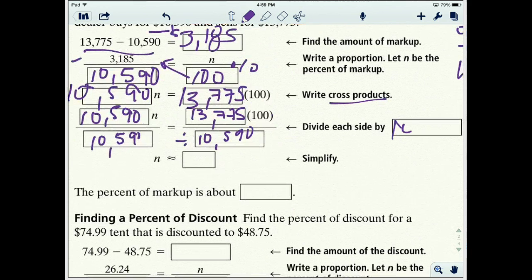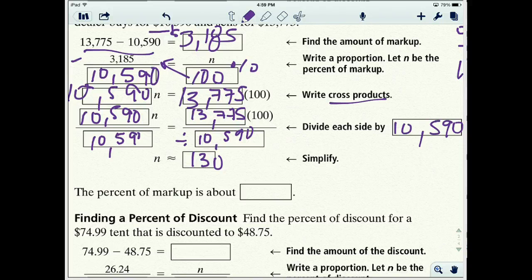That's what I'm going to be dividing by. Therefore, our answer would be about 130%. Now you might be asking yourself, well, wait, that's more than 100.